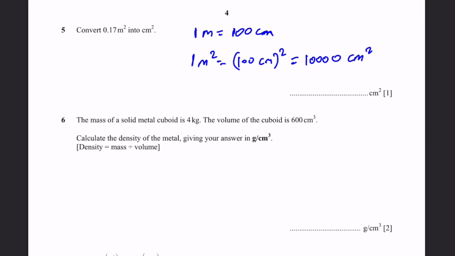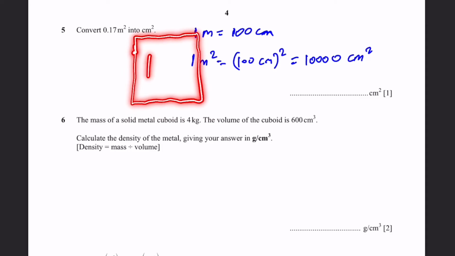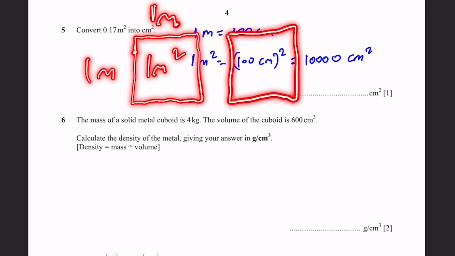If you take a square, which is an area of 1 meter squared, so the side lengths are 1 meter and 1 meter. Now you want this to be equal to another square who has an area of 100 centimeters squared. So if 1 meter squared is equal to 100 centimeters squared, then these two have to be 1 meter as well.